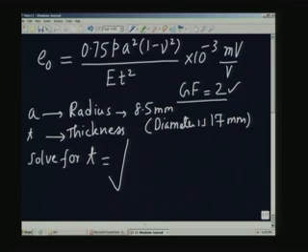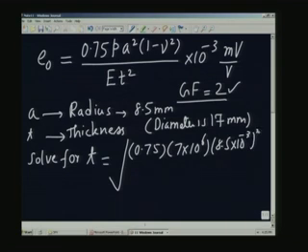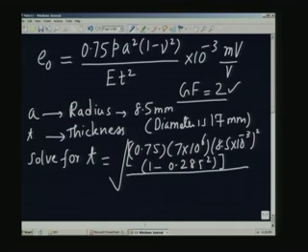To get, this will be square root of 0.75, P is 7 megapascals, which is 7 into 10 to the power of 6 pascals, A squared is 8.5 into 10 to the power of minus 3 whole squared, into 1 minus 0.285 squared, this is the Poisson ratio, this whole thing divided by the E naught, which is given as 2 millivolts per volt, multiplied by 207 gigapascals, which is 10 to the power of 9.